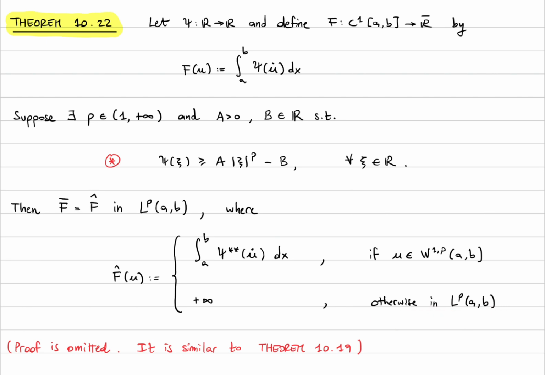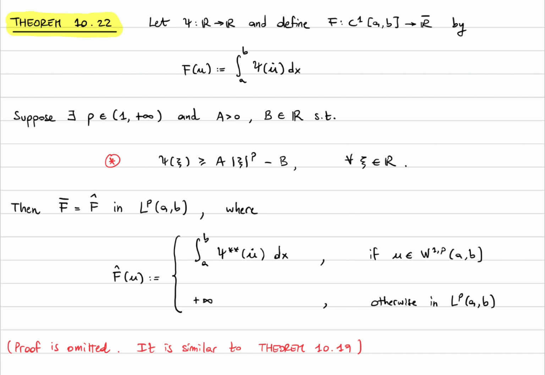Once again, here we have the weak derivative, and this psi star star now is the convex relaxation of the function psi. So the only difference with theorem 10.19 is that we dropped the convexity assumption, and in dropping that, we found that instead of putting psi in the relaxation, we have to put the convex envelope as Lagrangian.